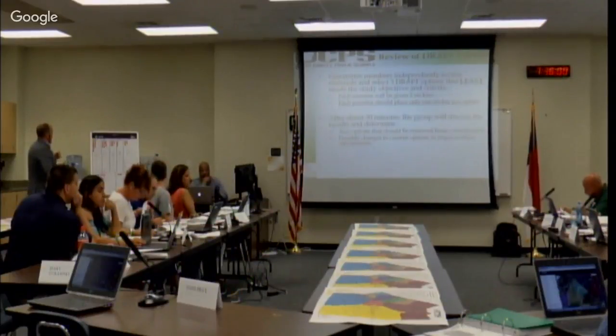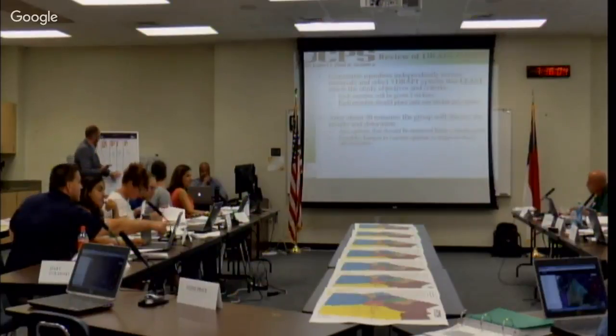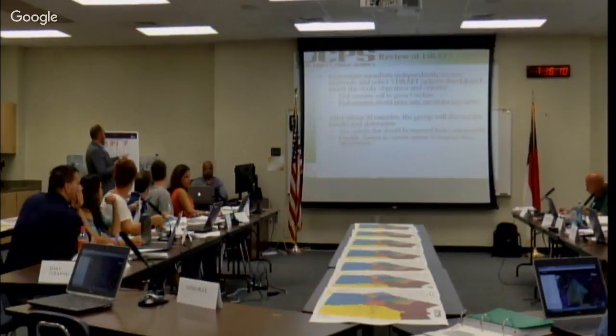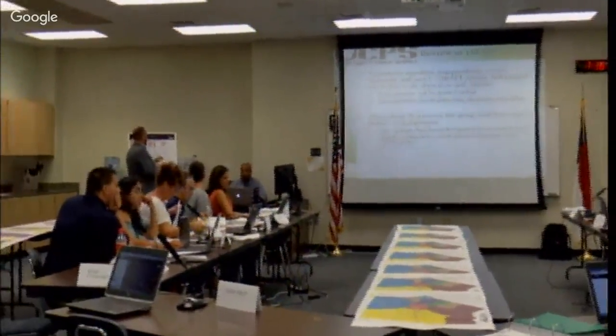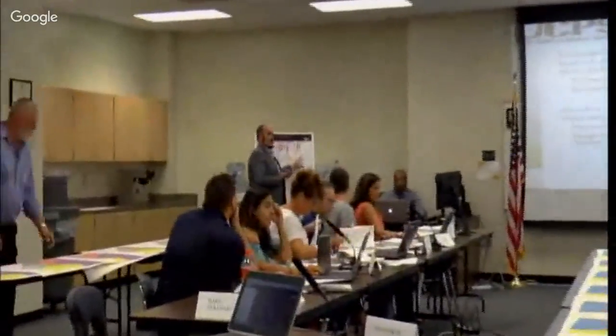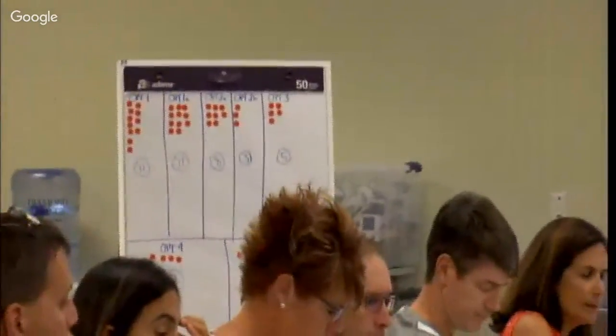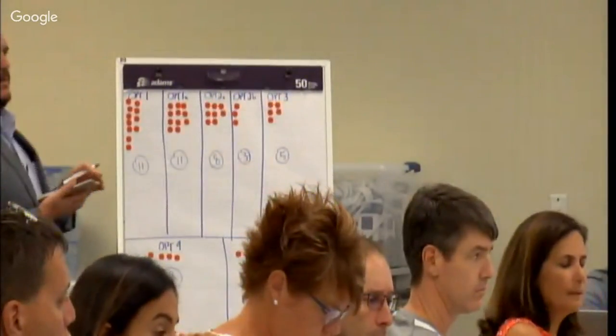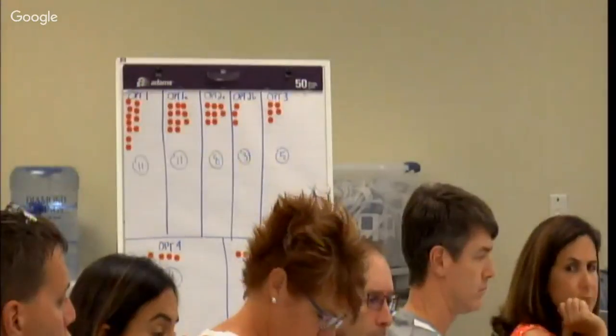So then we have 4 options left, and the stickers are pretty closely disseminated across these 4 options. Option 3 had 5 stickers. So what do you think about option 3? Those who put stickers on option 3, what were your concerns with option 3 that you felt didn't meet our criteria or our objectives?